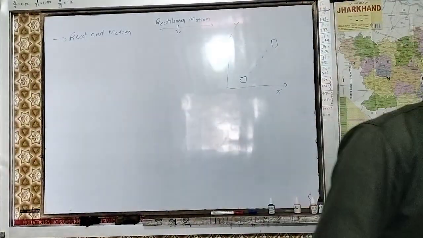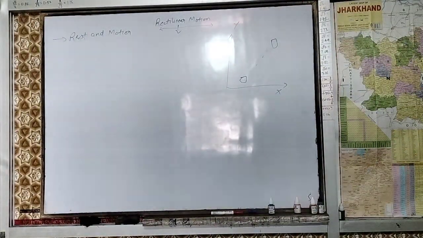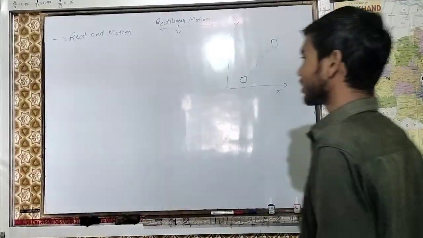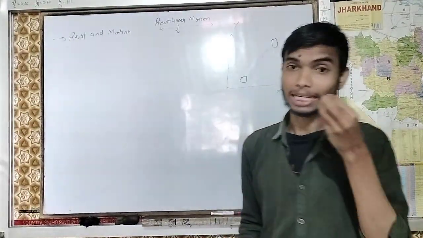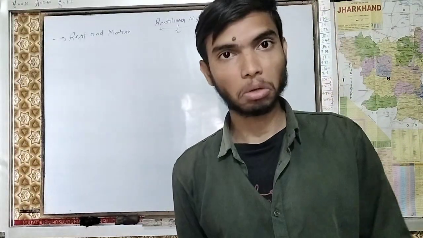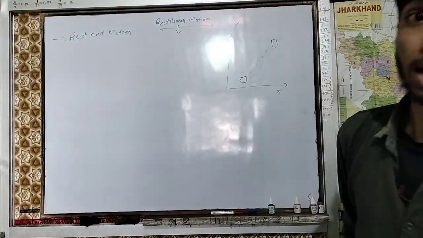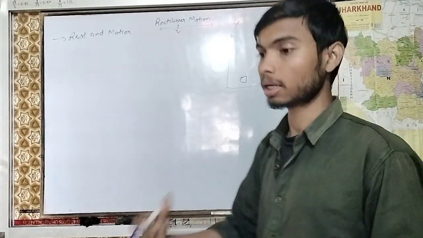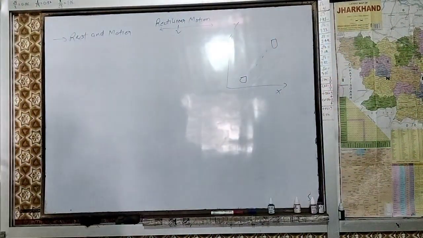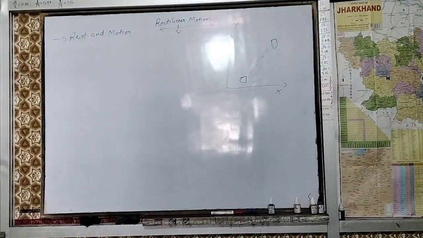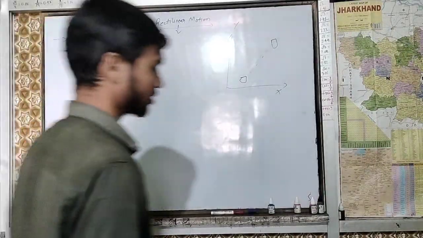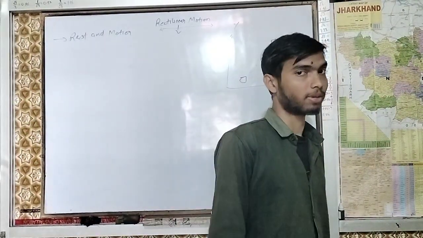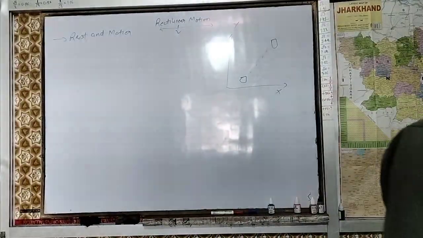So it's all about the observer, it's all about the frame of reference. According to one observer, an object can be moving. According to another observer, the object can be at rest. That's why we can't say that both are absolute. They don't provide an exact answer. The answer can be different. That's why they are relative.